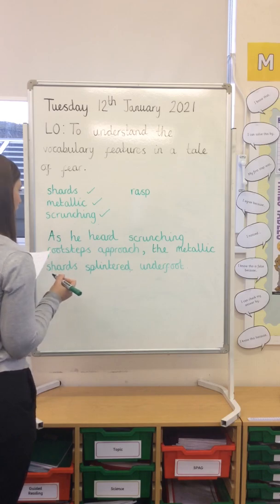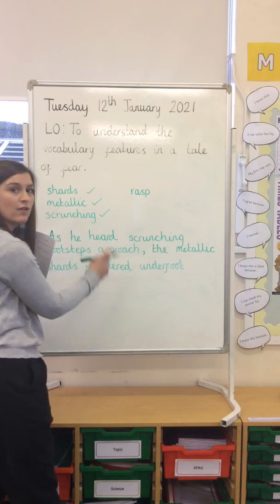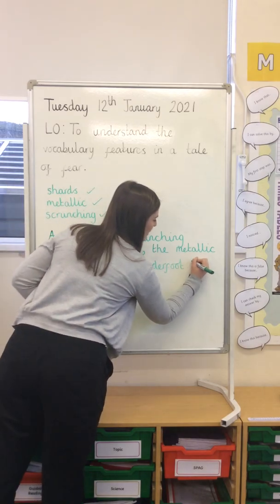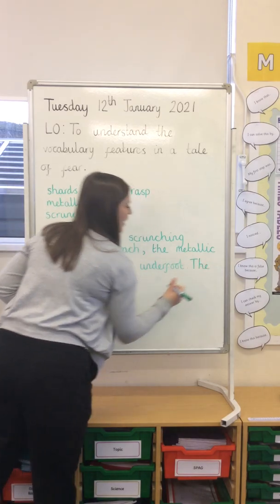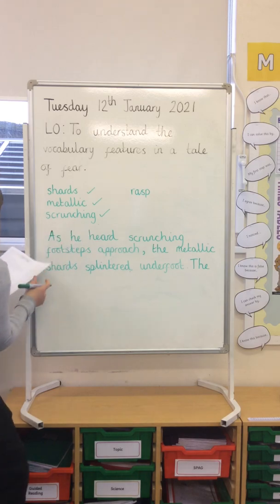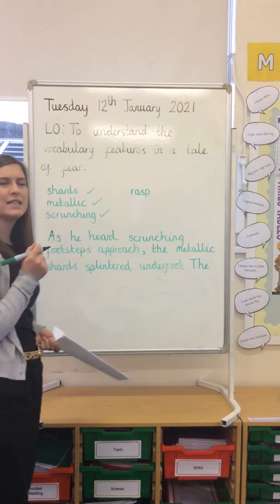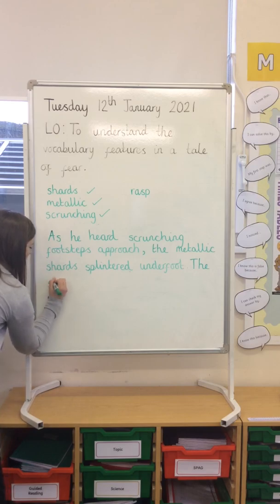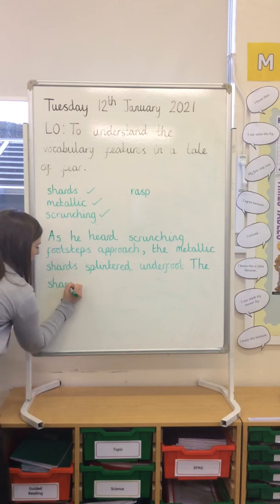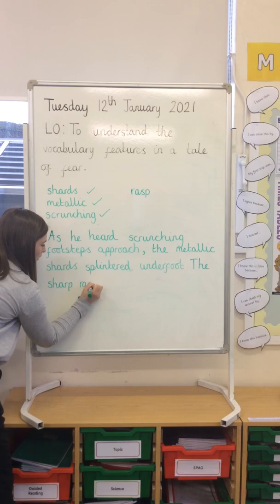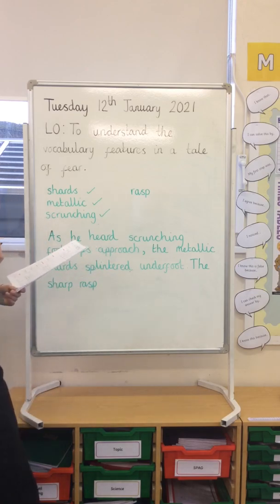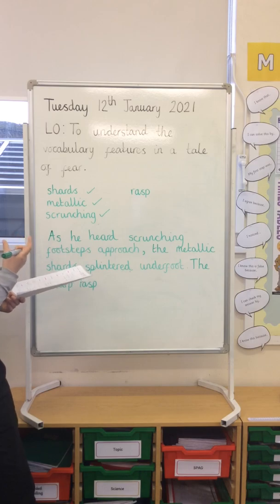So I'm then going to continue. Remember, I don't just write a sentence and start new lines. I'm writing a paragraph. I'm going to continue if I've got space. So I'm going to say the rasp. Oh, I want an adjective. I don't just want to say rasp. The sharp rasp. Okay, a high-pitched like noise of scraping could be sharp.